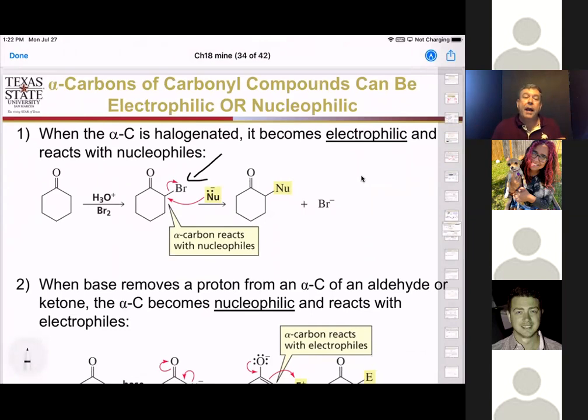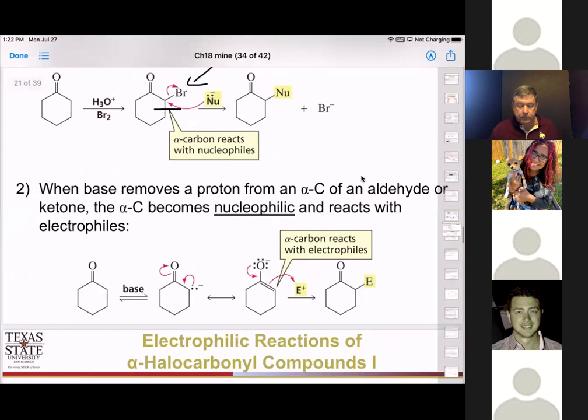And so by having this directed to that alpha position, you can displace that to give you your alpha substituted product, and you know your reaction is going to happen exactly at that spot right next to your carbonyl. Okay, and we can use that to our advantage to generate longer and more complex chemical compounds.